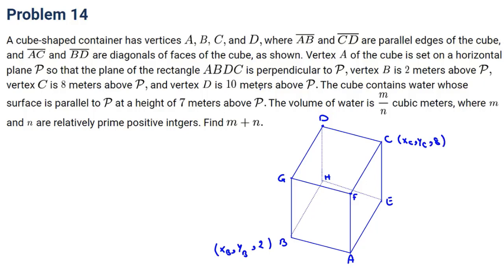Vertex D is 10 meters above P, so it will be XD, YD, 10. The cube contains water whose surface is parallel to P, okay?